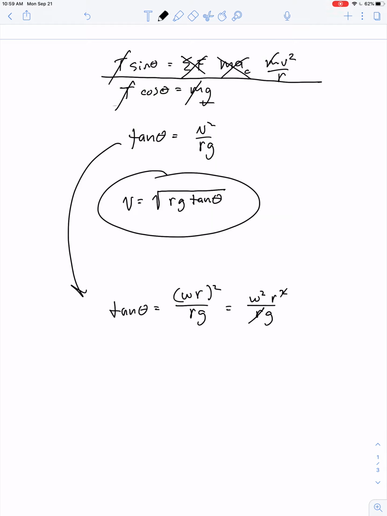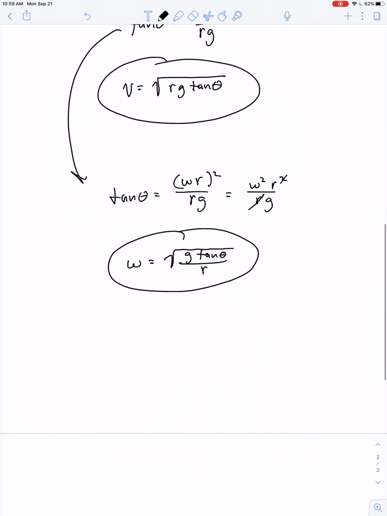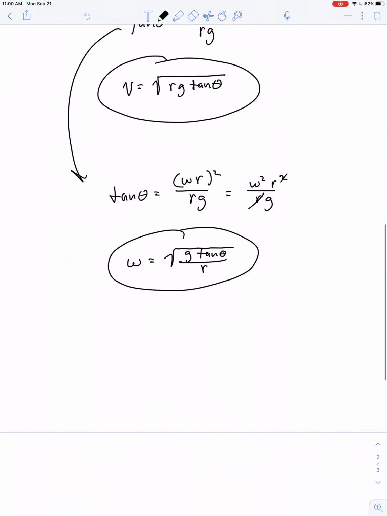And so we get an equation that says omega is the square root of g tangent theta divided by r. What if instead we were interested in the time it takes to complete one full revolution? Well, angular speed is equivalent to saying one revolution in one time period.